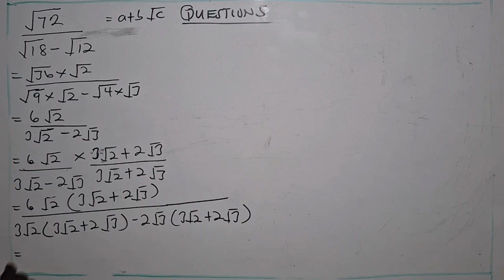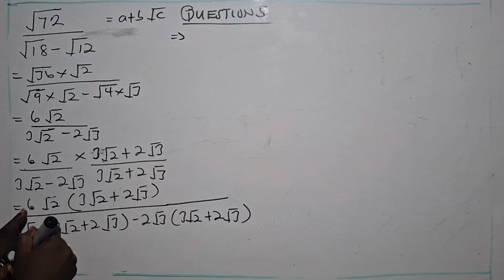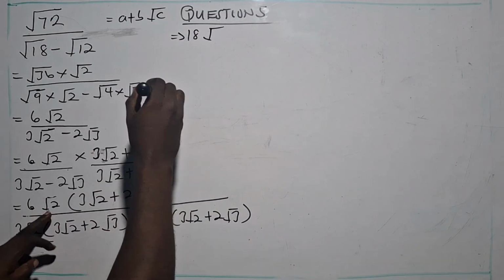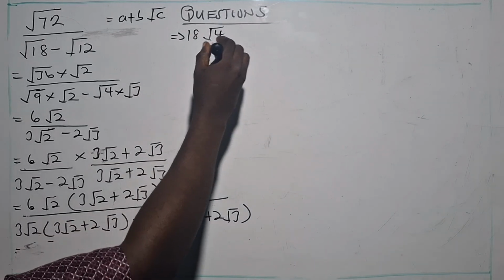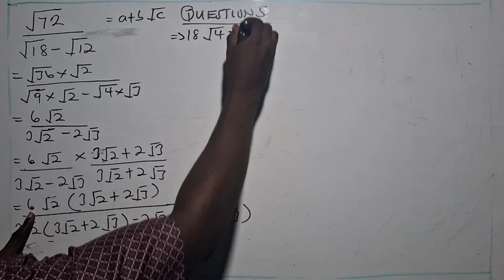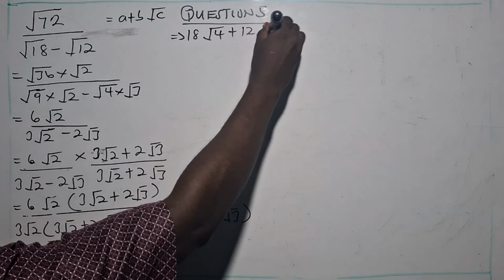So pay attention. In opening the bracket, 6 root 2 times 2: the front number will take the front number, the one in the root will take the one in the root, at this side. So this times this is 18, and the one in the root will multiply, root 4. Then plus 12 root, this one will be root 6.